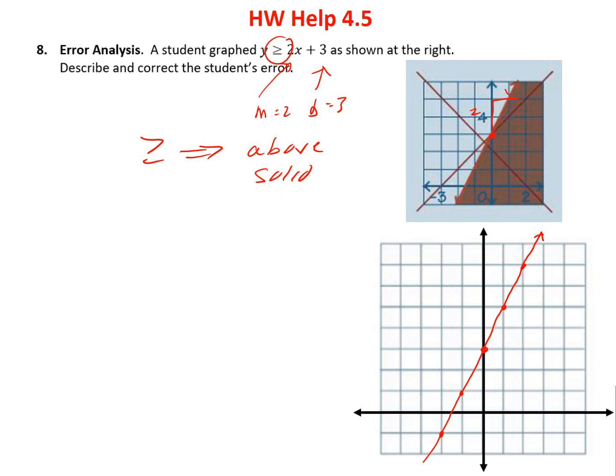But this time, because it's greater than, we are going to shade in the side to the left. So my answer is everything on the left. Because see, everything on the left, if I picked a point, is above the line. See, we're going greater than. So it's in the area that is above the line.